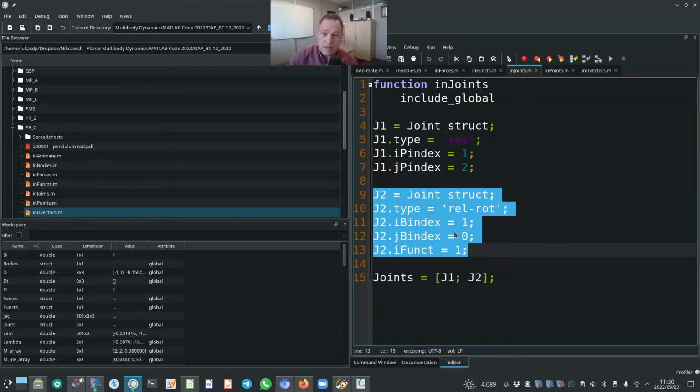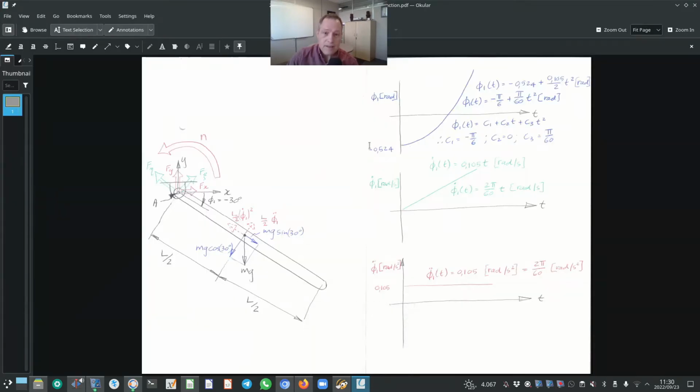This is specified specifically so that we can prescribe the angular rotation that you see on the screen. How this was specified, we started with a constant angular acceleration. That is what we want. We want a constant angular acceleration of the pendulum rod at 2 pi over 60 radians per second squared.